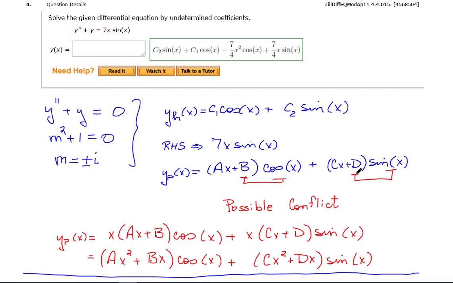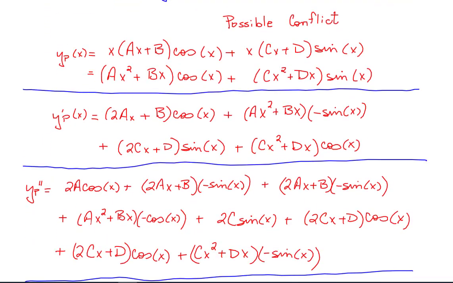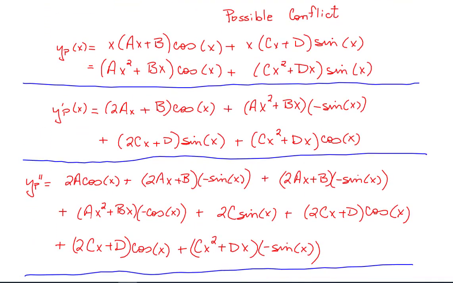And similarly, this d times a sine could present a conflict there. So my particular solution then would be x times my first guess. Alright, so here is my particular solution guess, and I need to determine A, B, C, and D.